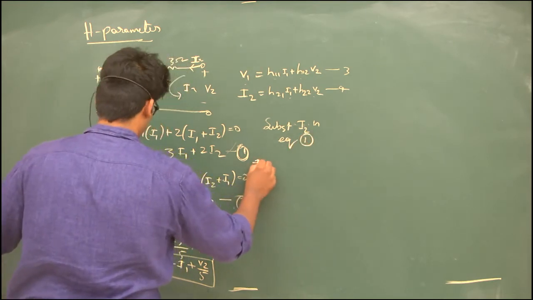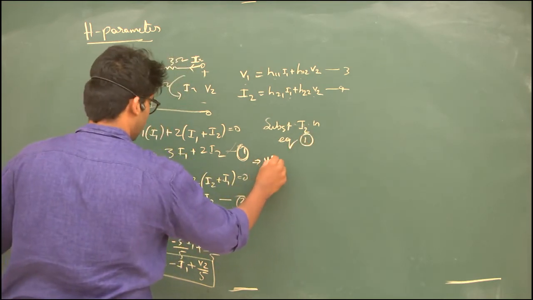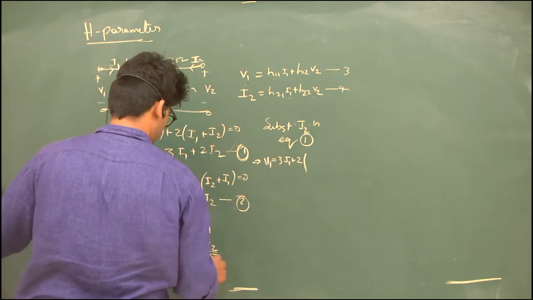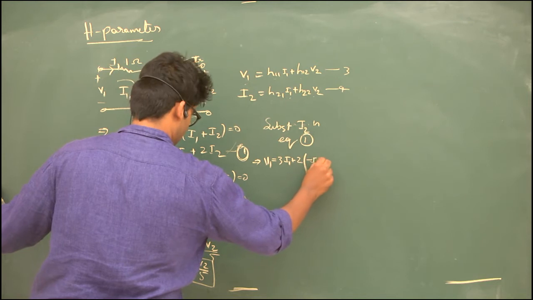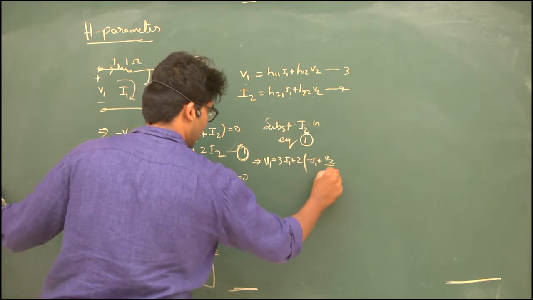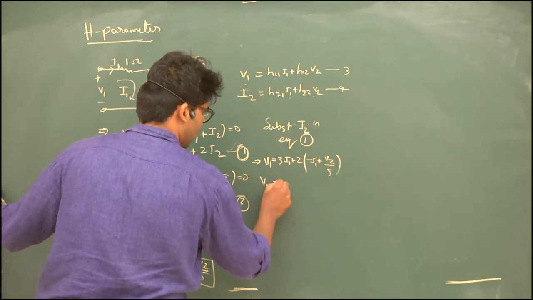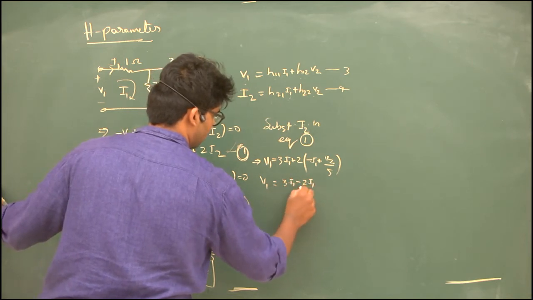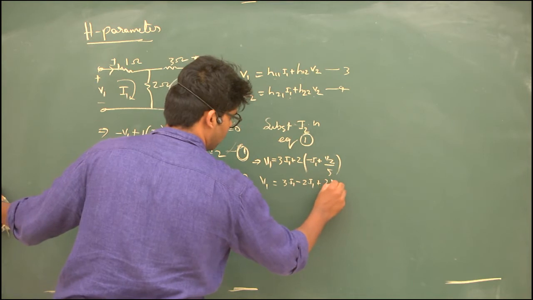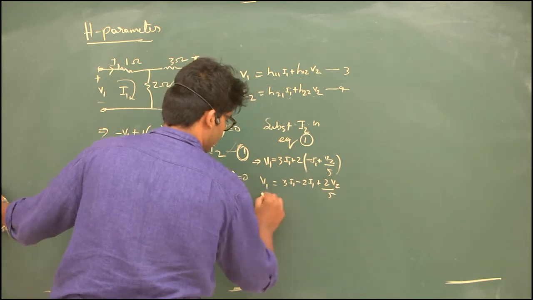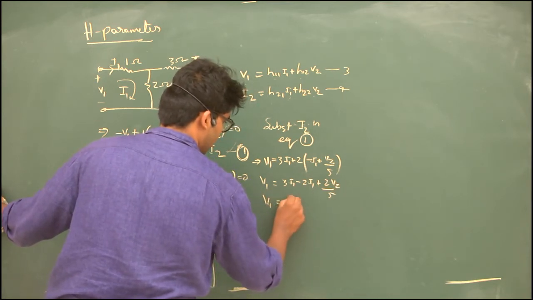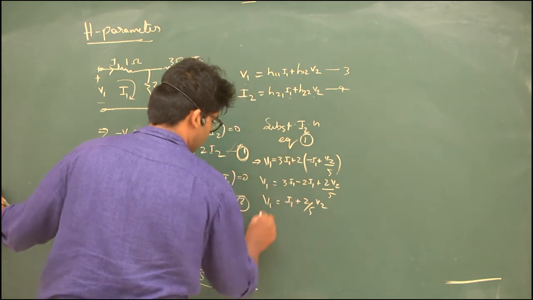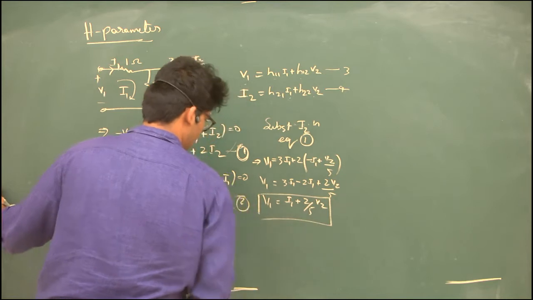We get V1 equal to 3I1 plus 2 into minus 2I1 by 5 plus V2 by 5. Further we get V1 equal to 3I1 minus 4I1 by 5 plus 2V2 by 5. Therefore this is another equation.